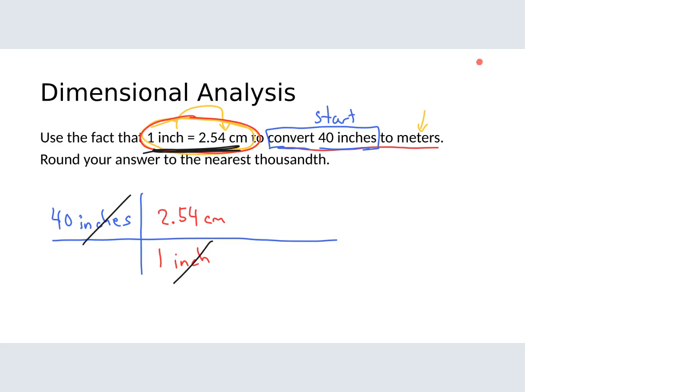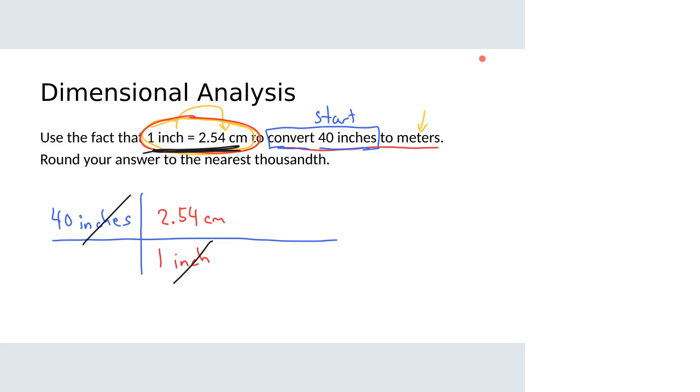And the one that goes on the bottom is the one that's over here, because I want those to cancel. Let me know if that doesn't make sense. Hopefully it does, but if it doesn't, you can absolutely ask about it. Dimensional analysis, like I said, is something that students often tell me they struggled with in the past. And we're going to try to fix it.